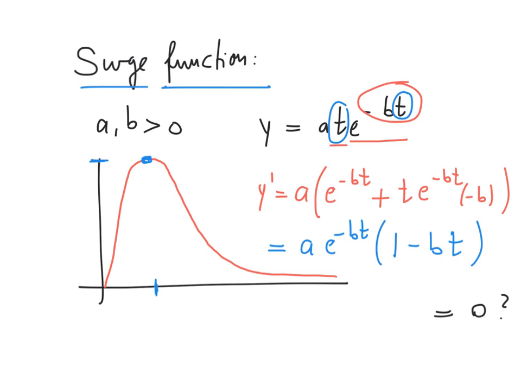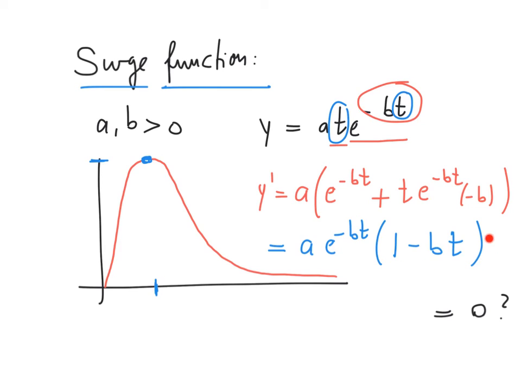Now we can go over this expression again. a is a constant. This will have no influence whatsoever on this product being 0, because it's a constant greater than 0. So a we can discard. e to the minus bt, e to the anything is always greater than 0. In particular, it's not equal to 0. So that will also have no influence over this whole expression being 0.